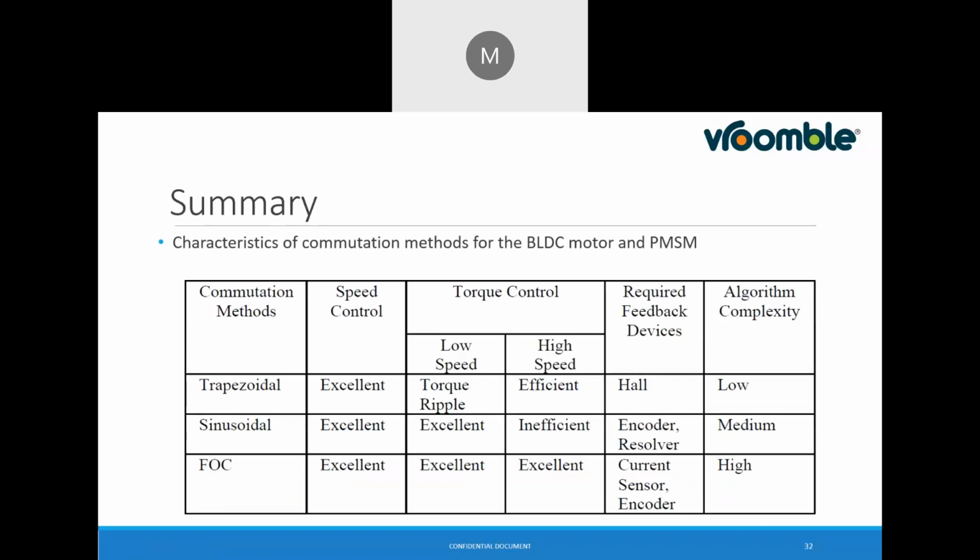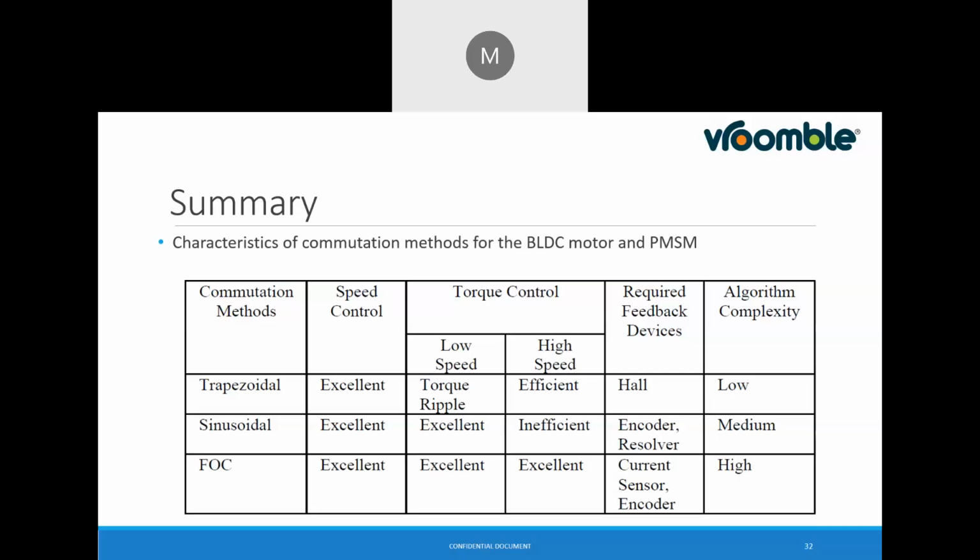So overall, the comparison of these three speed control methods. In general, for BLDC and PMSM motors, the trapezoidal, sinusoidal, and FOC commutation methods are used. All have excellent speed control based on the application requirement.